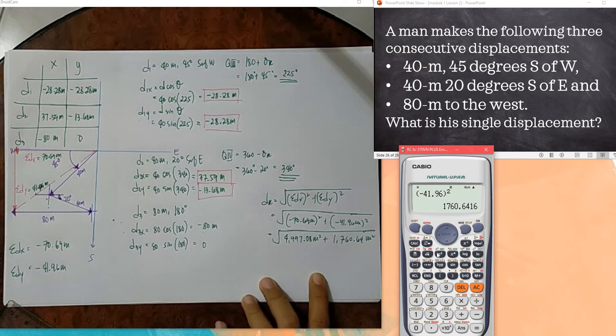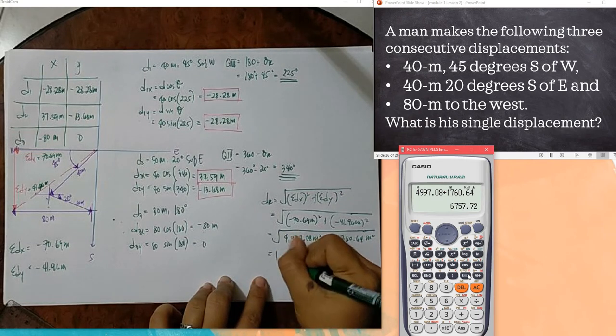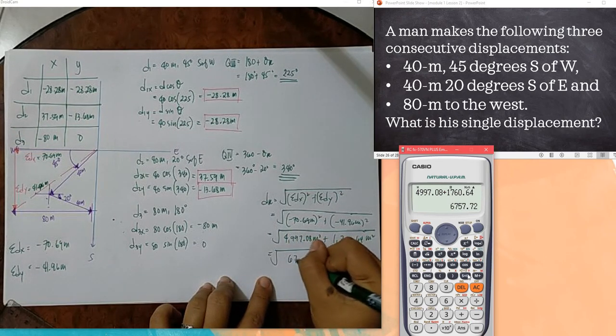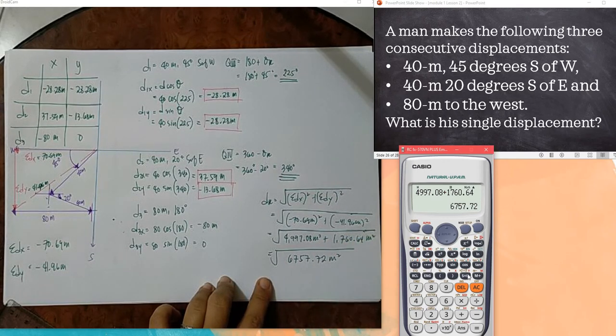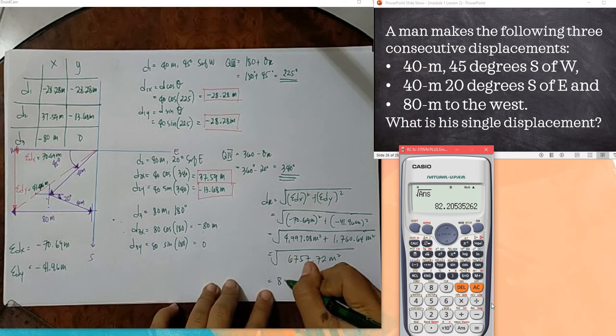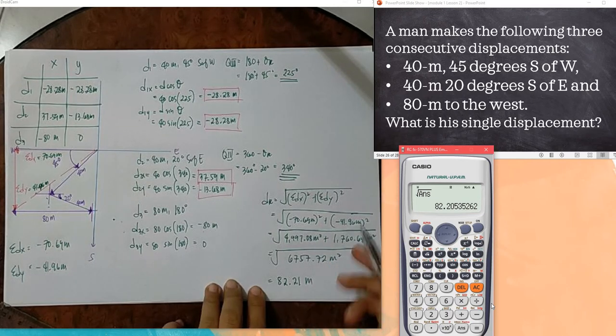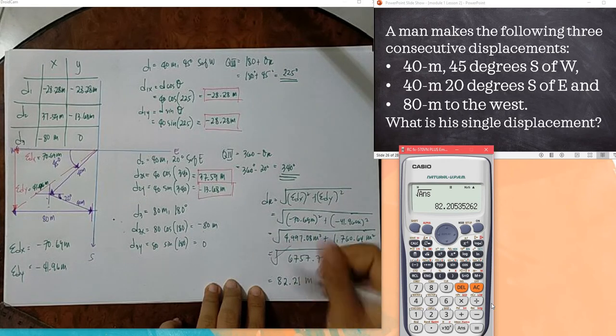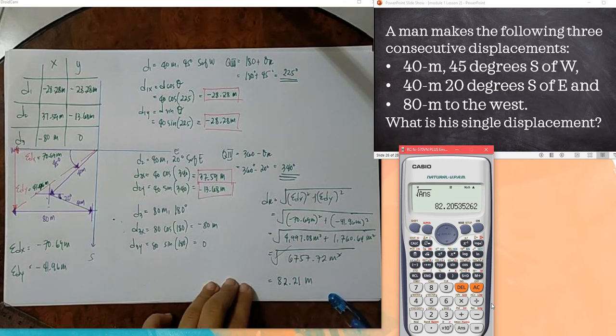Adding the two values, 4,997.08 plus 1,760.64, we get the square root of 6,757.72 meters squared. Taking the square root, the answer is 82.21 meters. Why meters? The square and the square root cancel. This is for our magnitude.